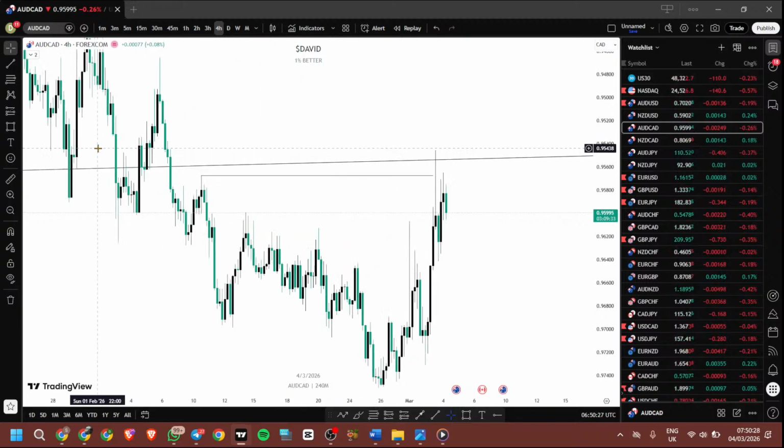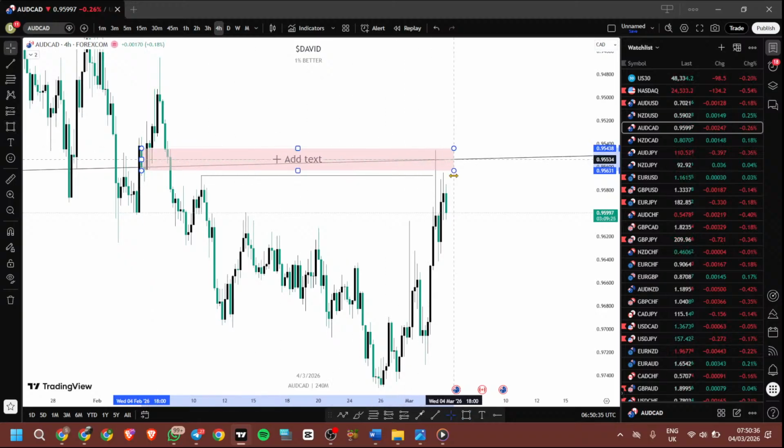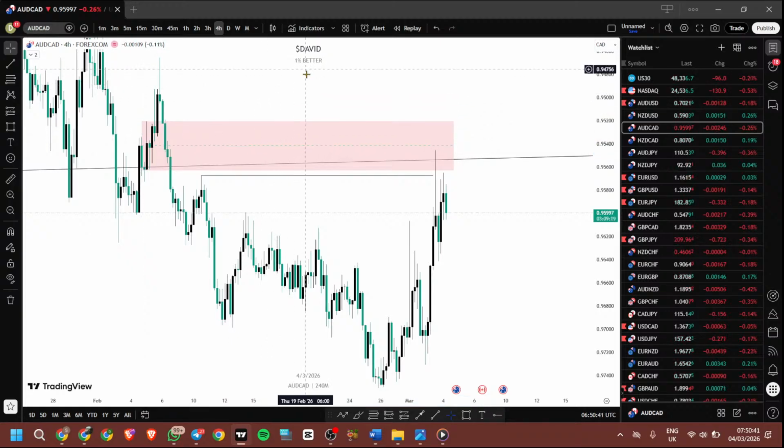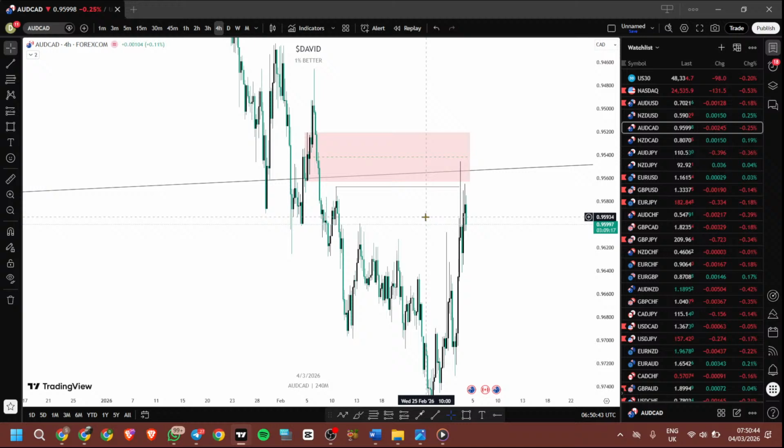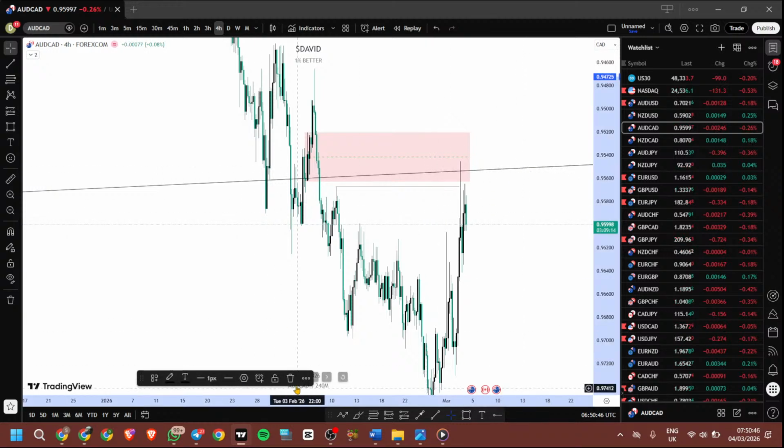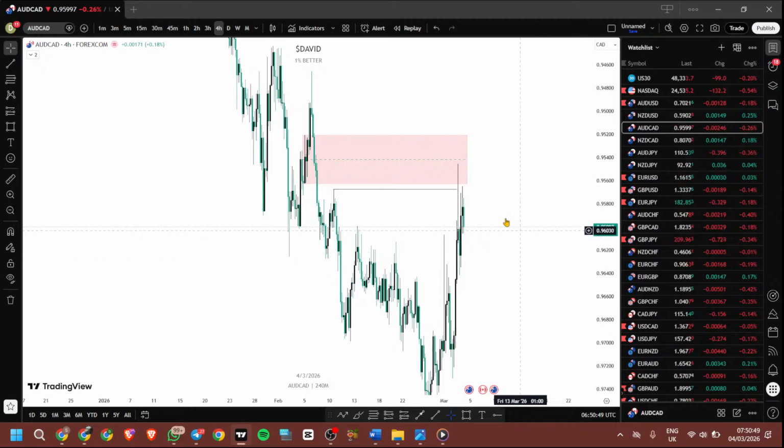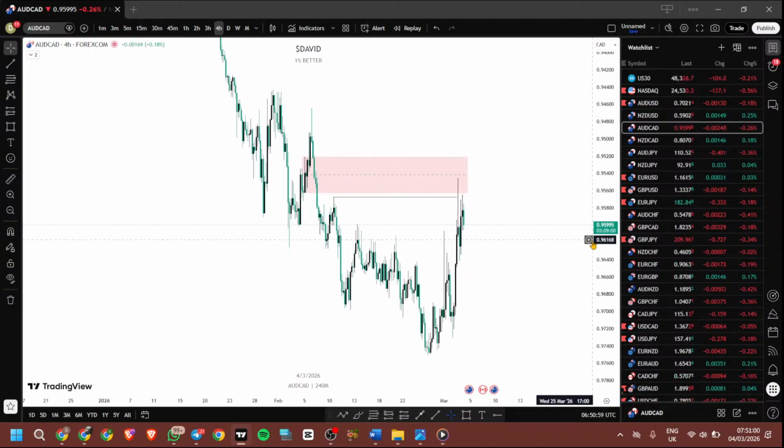I'm seeing this beautiful breaker block. This line. You can see it, right. The fair value gap and a beautiful breaker block. So that's where price is rushing into and moving upwards.